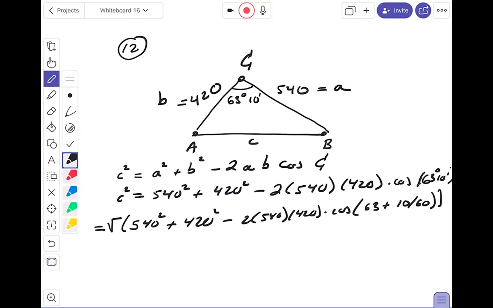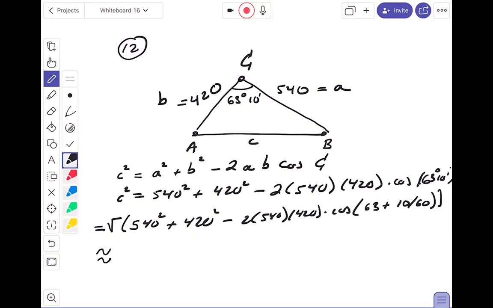I hit enter. When I do this on my calculator, it actually gives me a really crazy looking answer. The number one reason is I don't want an exact answer, I want an approximate answer. So what I'm going to recommend is somewhere in the problem, put a decimal down. That's all you have to do. For example, you could put the decimal in the 540, 540.0 if you like.